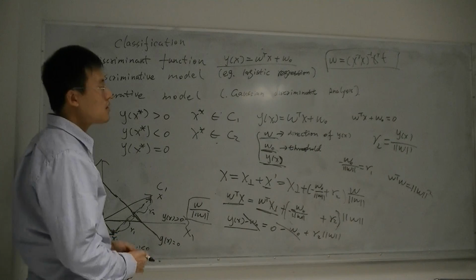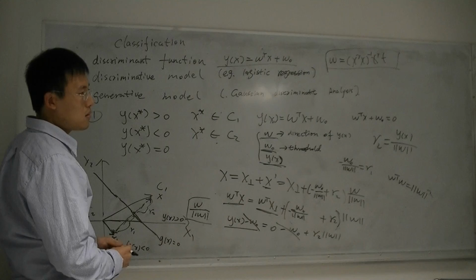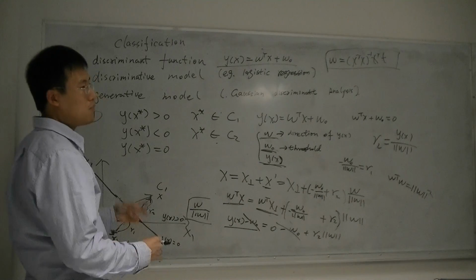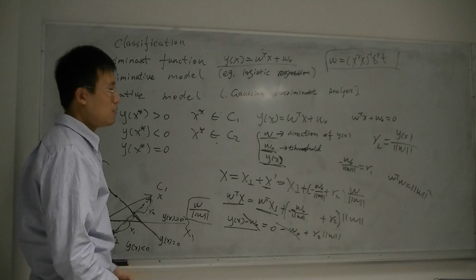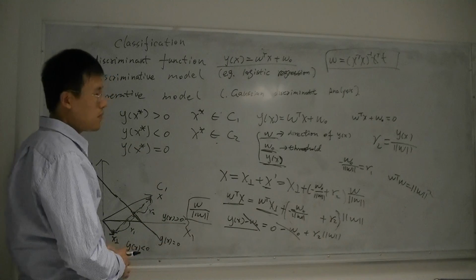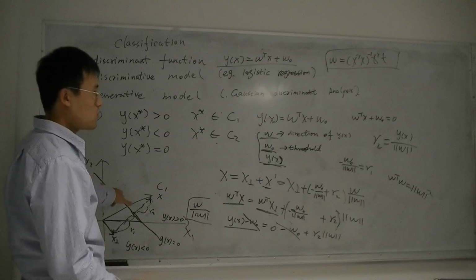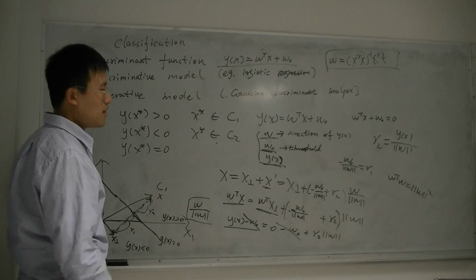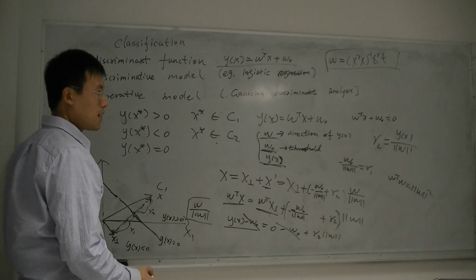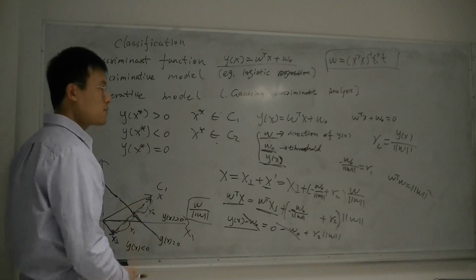Yes, we are considering the binary case. We only have a binary label, but the input x can be multi-dimensional. In this case, x is two-dimensional, so we have a one-dimensional line. If x is d-dimensional, then we have a d minus 1 dimensional hyperplane.